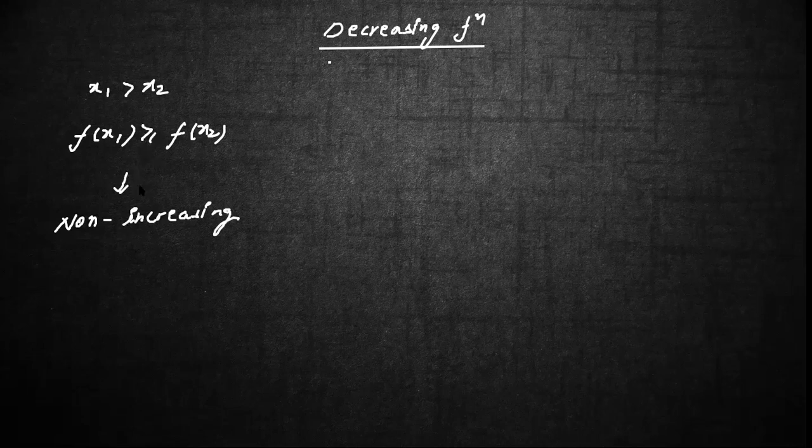In general, it can be the case that f of x1 greater than f of x2, but still that is strictly decreasing, right? So again we have to change this sign, because x1 greater than x2, we have to reverse the sign for a decreasing function. f of x1 less than f of x2. So we'll talk about this as a strictly decreasing function.